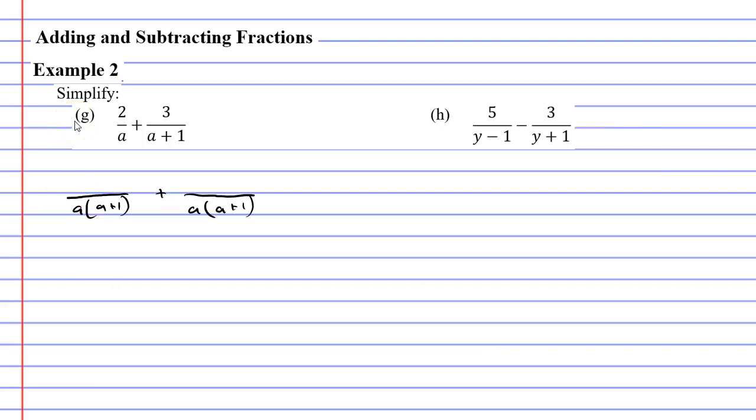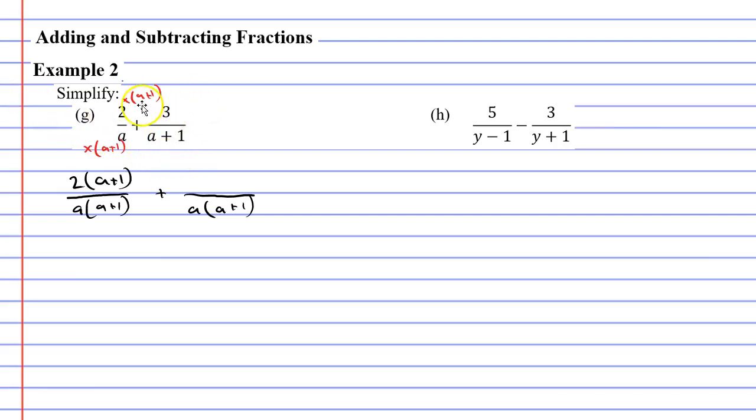Well, I would multiply it by a plus 1 in brackets, which means I've got to multiply my 2 by a plus 1 as well. So then my numerator is 2 bracket a plus 1.